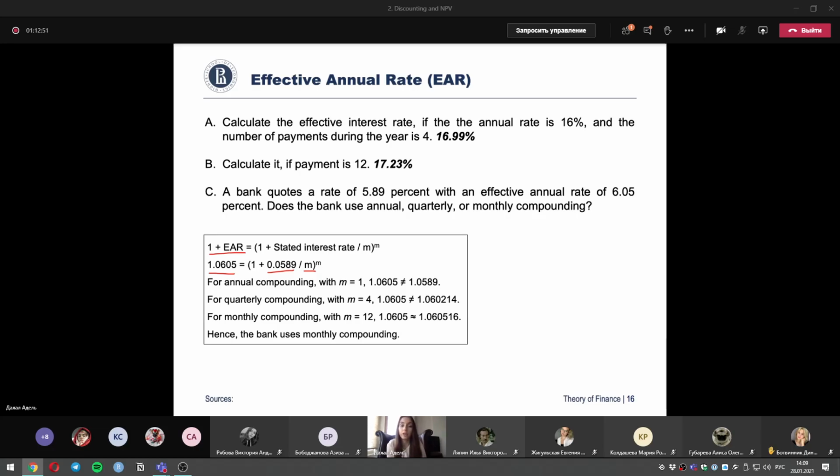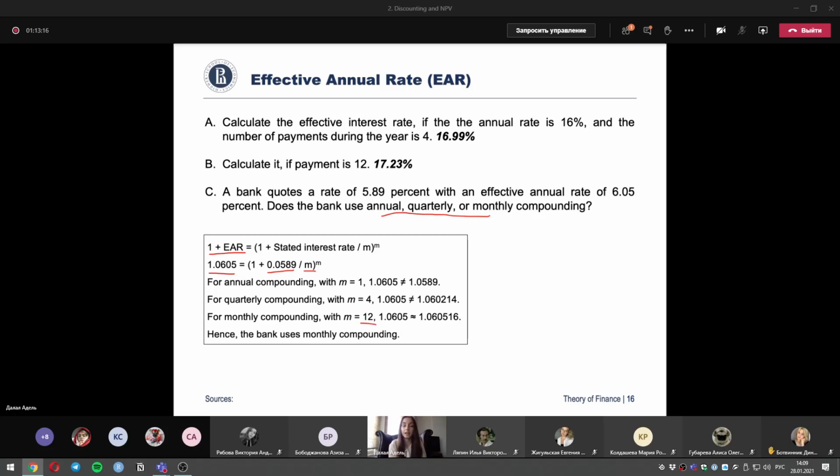However, as we have only 3 variants over here, we can just not struggle with solving for M, but use the trial and error method and see which of the variants provides us the closest result.